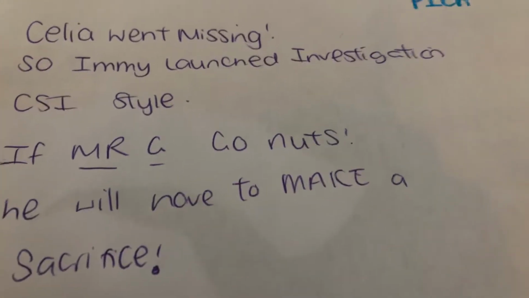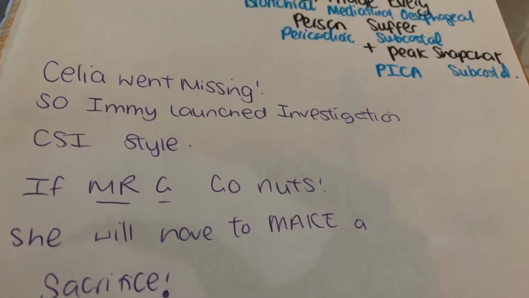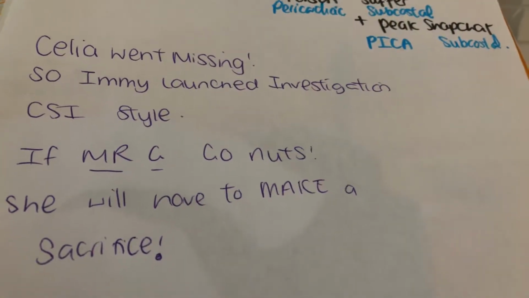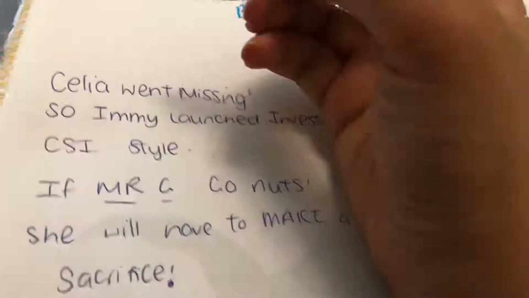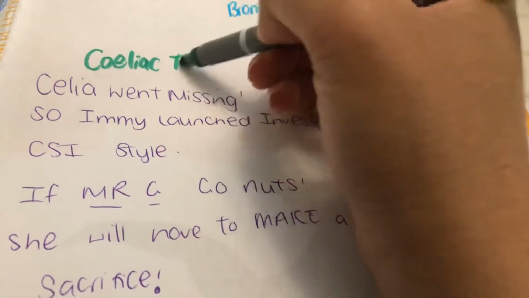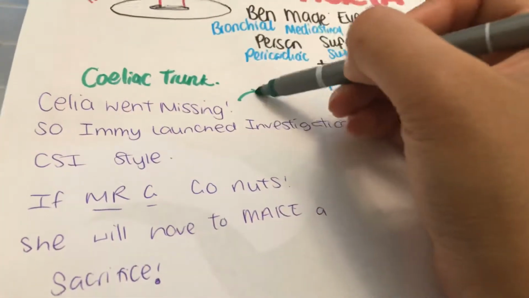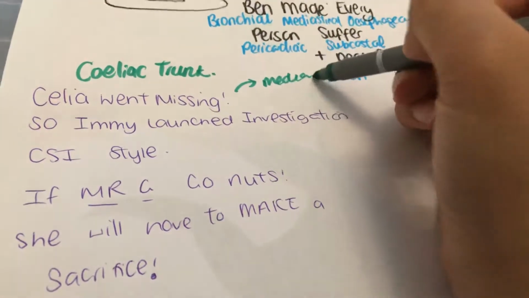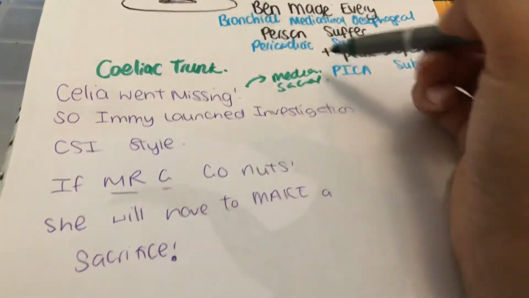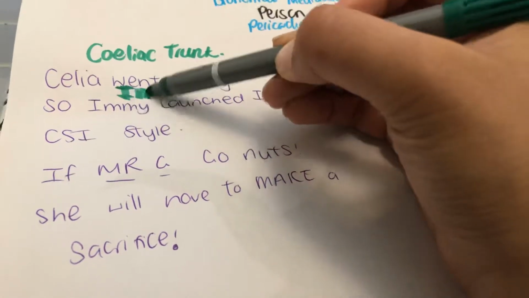In terms of the abdominal aorta, the way I remember it is basically this. Now you have "Celia missing", and Celia is supposed to remind you of the celiac trunk. Missing could remind you of median sacral, but I have another one for that. So IMI is supposed to remind you of inferior mesenteric.